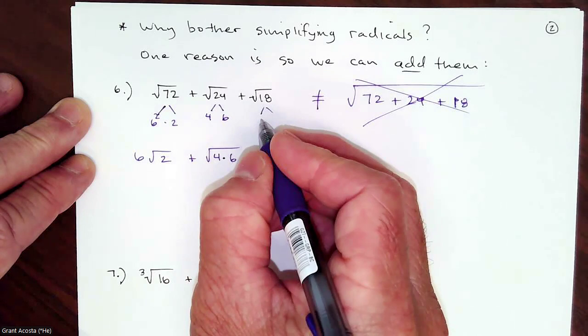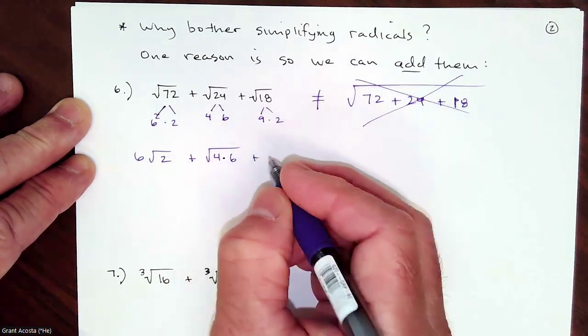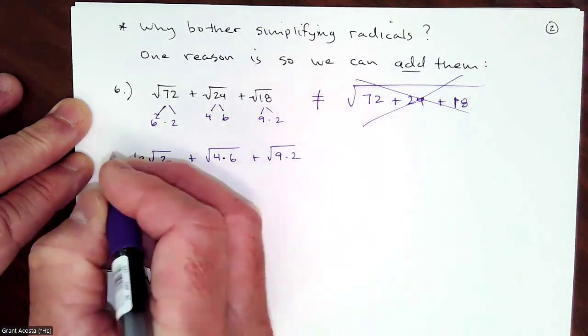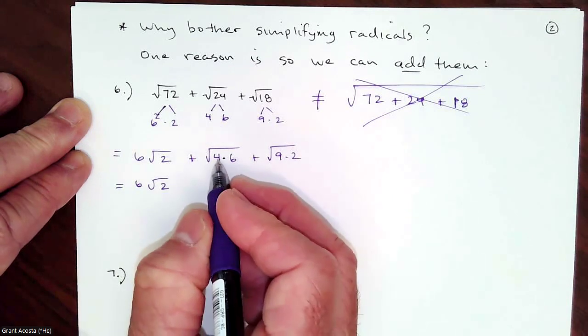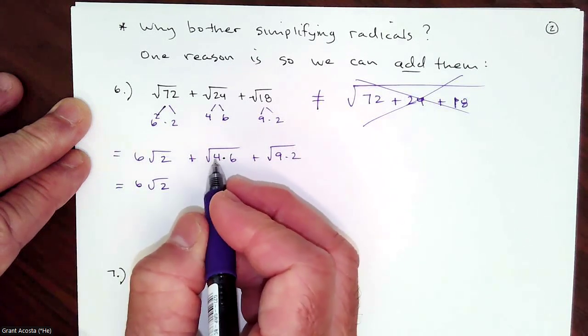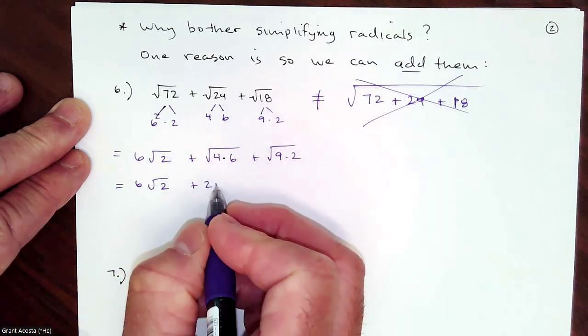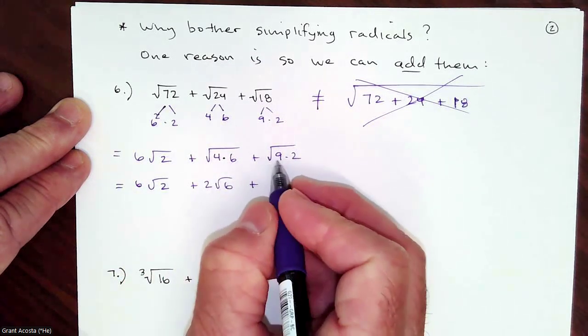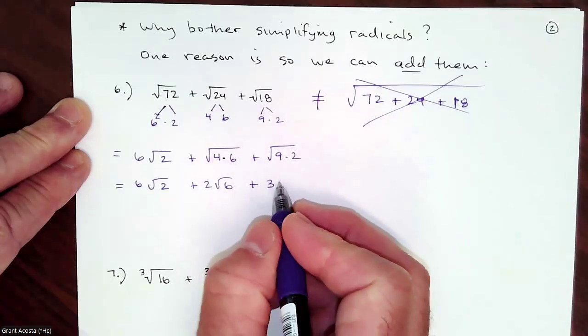For 18, thinking of perfect squares, that is 9 times 2. This one we already simplified, that is 6 root 2. And for the 4, that's 2 squared, so you can pull that out. In other words, the square root of 4 is 2, so that is 2 root 6. 9 is 3 squared, so the square root of that is 3, and that comes out as 3 root 2.